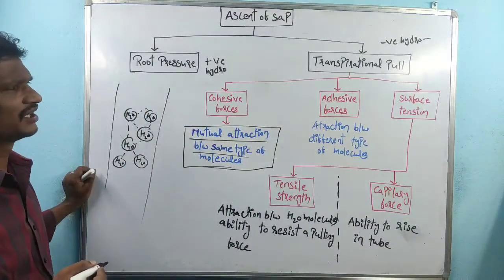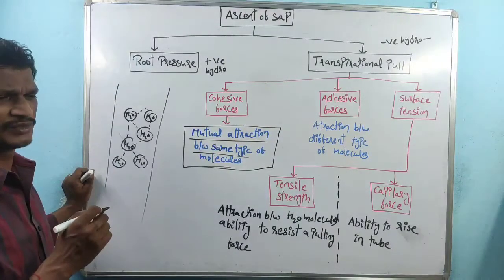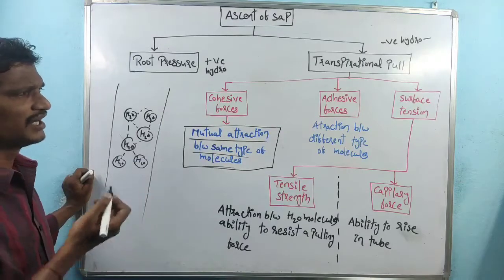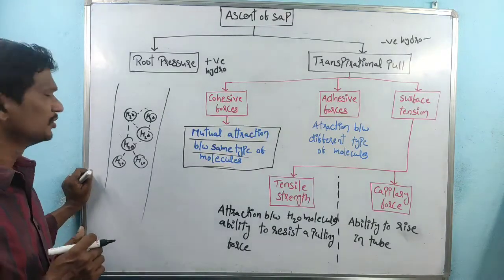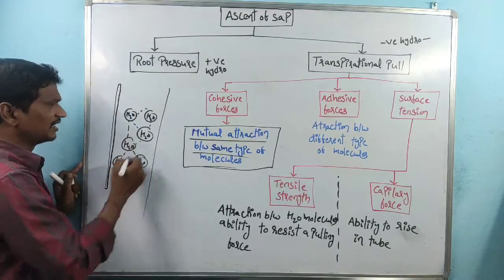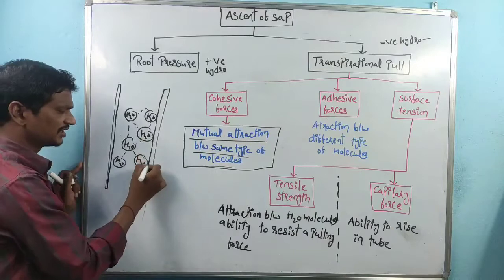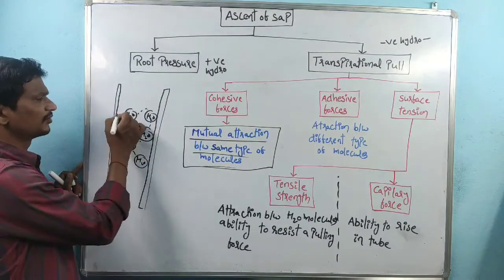Coming to the next one, the adhesive forces. Cohesive force is always present between the same type of molecules. Adhesive force is present between two different types of molecules. These are the xylem vessels, which are majorly made up of lignin components.